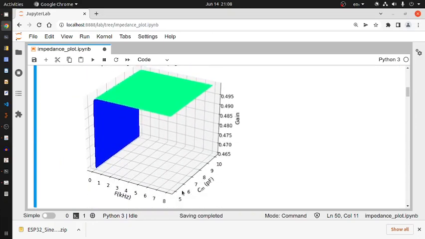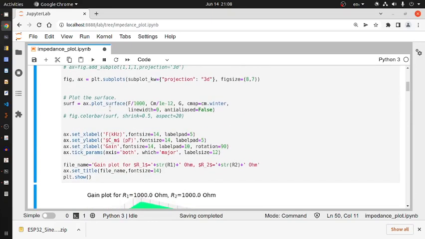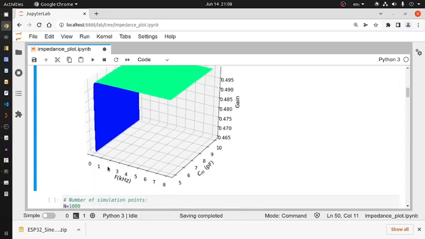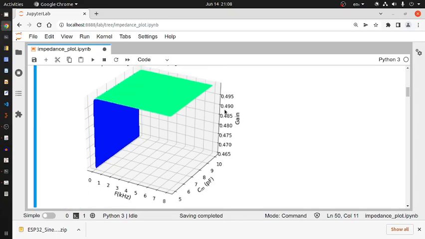Yes, this is interesting. So along this axis I have plotted the frequency in kilohertz. As I mentioned, F is taken in kilohertz range, F divided by 1000. That means the frequency starts from 20 hertz to 8 kilohertz. And in this axis my condenser capacitance varies from 5 to 10 picofarad, and along the z-axis the gain value is plotted.